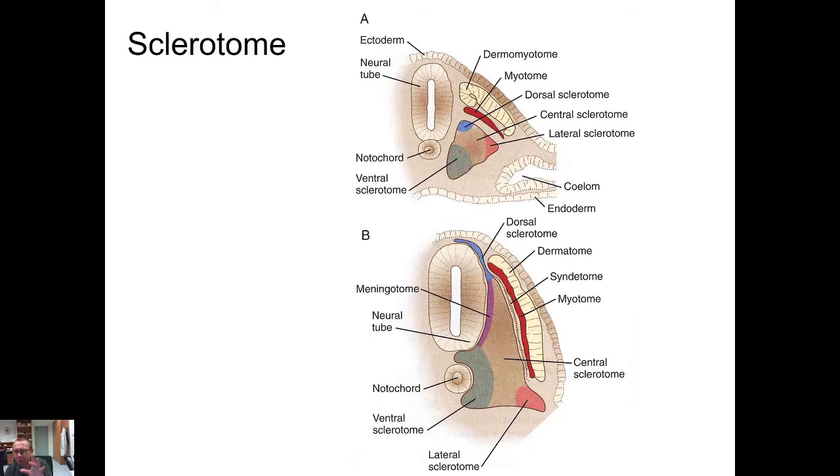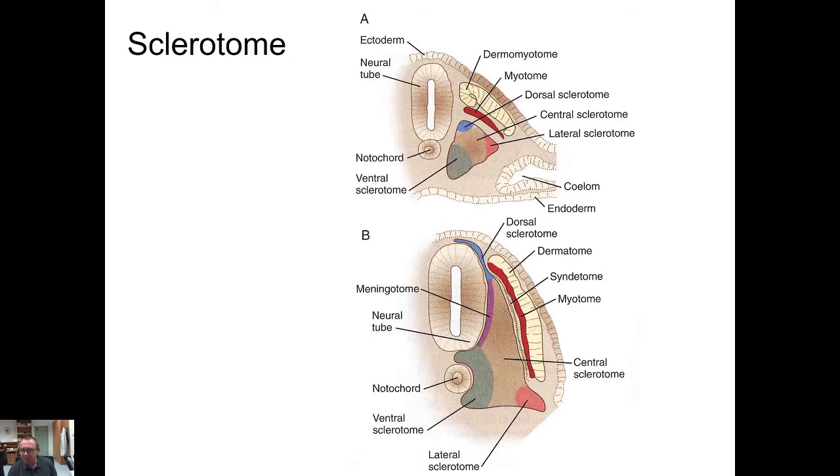That means loosely organized migratory cells and some extracellular matrix. These cells are migrating to all spaces around the neural tube, even between the neural tube and ectoderm, and also around the notochord. And so all the area around the neural tube and notochord is filled with mesenchyme of this origin.